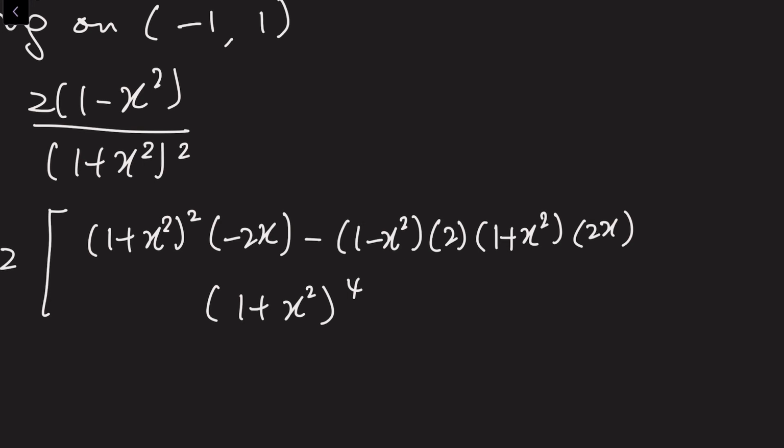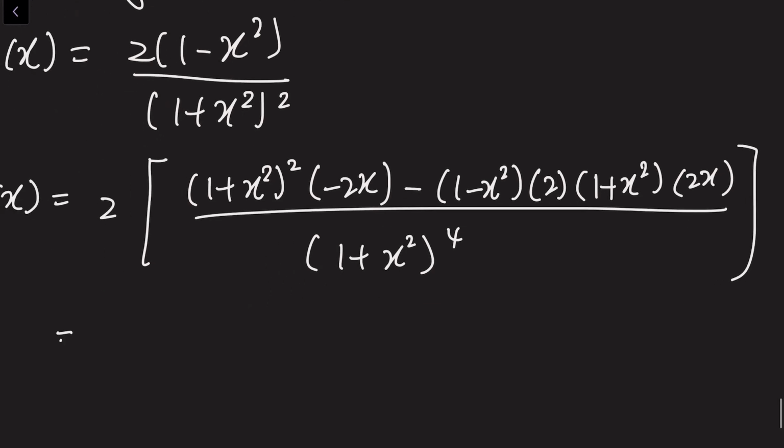Now we have a lot of things to simplify here. But don't worry. I think this time we can factor out quite a lot of things, right? We can factor out 2x, and we can also factor out 1 plus x squared. If we factor out 2x, we still have a negative, yeah? This one we still have one factor here, then 2x, like that.